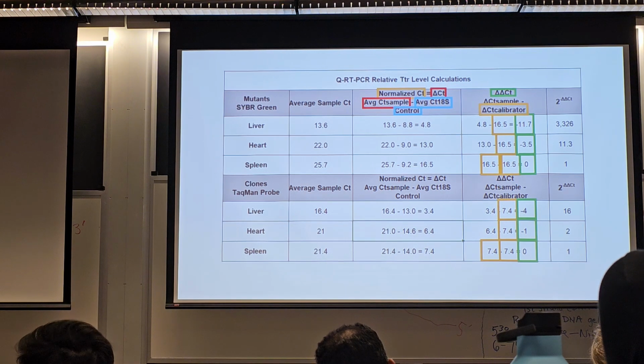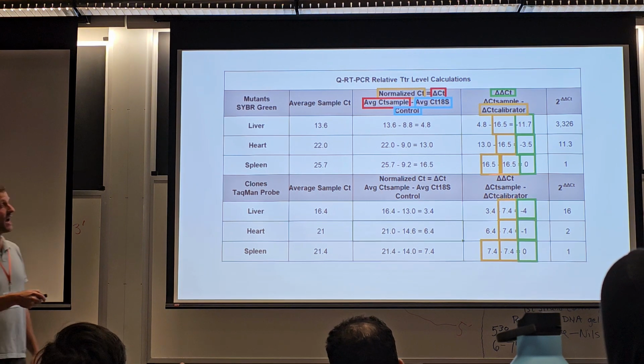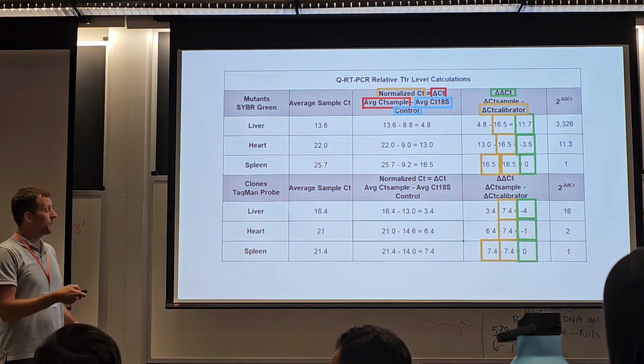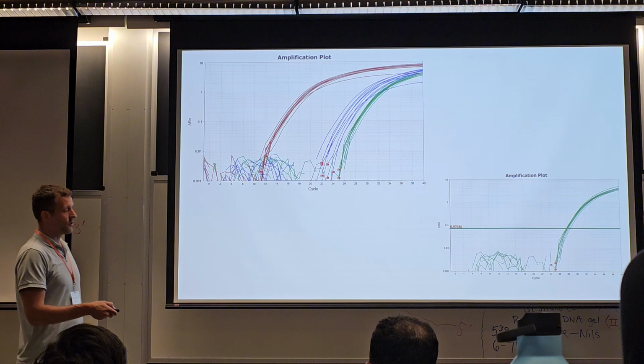But is there a justification to take one of them? You could do any of them. You could set this as your calibrator, and then we do spleen here, because spleen is the lowest. So we're going to say this is the lowest, and this one is this much more, and this one is this much more. Oh, spleen is the highest. Spleen has the highest CT value, but it's the lowest expression. Remember, CT values are inversely correlated.